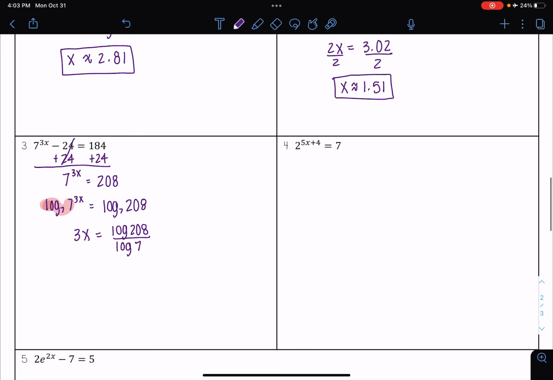And then when you do that in your calculator or Desmos, you should get approximately 2.74. And then dividing both sides by 3, you should get that x is approximately 0.91.